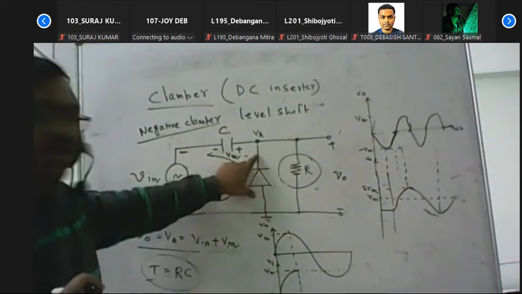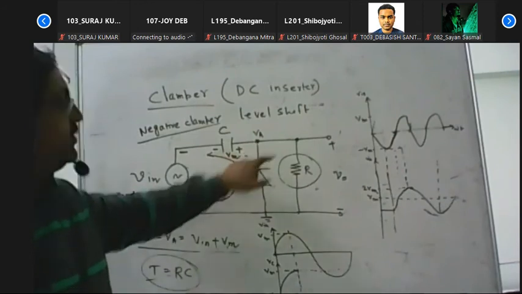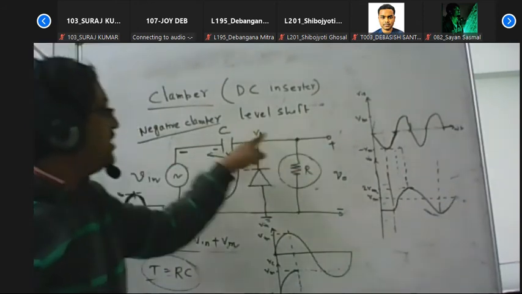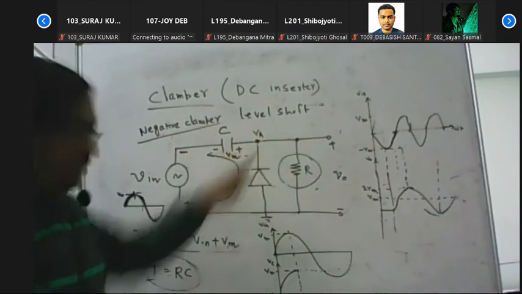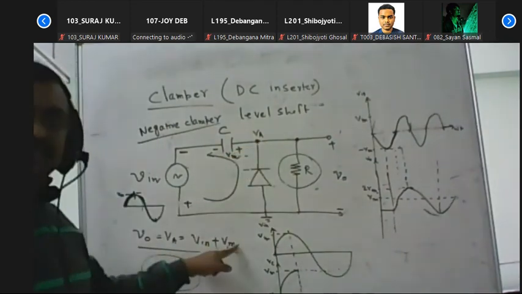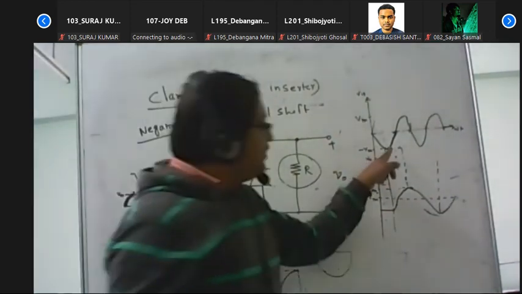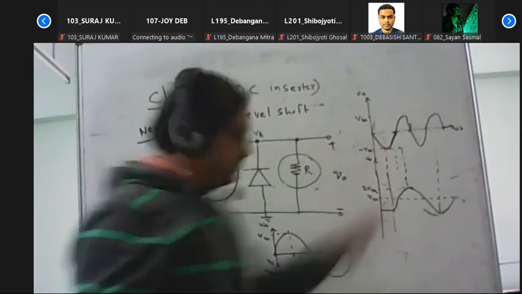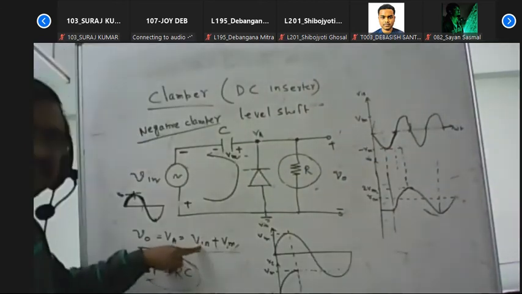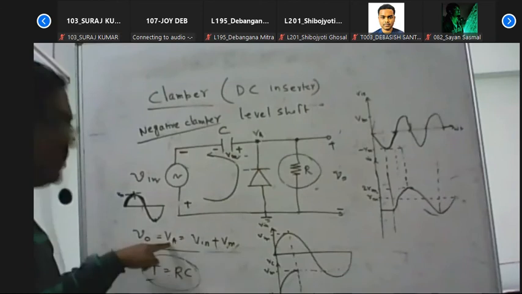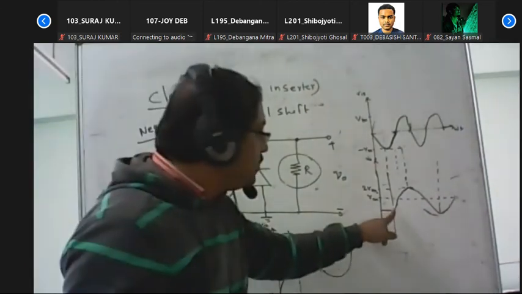So this diode will be off. Then the voltage across the output terminal equals VA, which means Vin plus VM. Now, if the value is minus VM, minus VM plus VM equals 0. So the output voltage is 0.